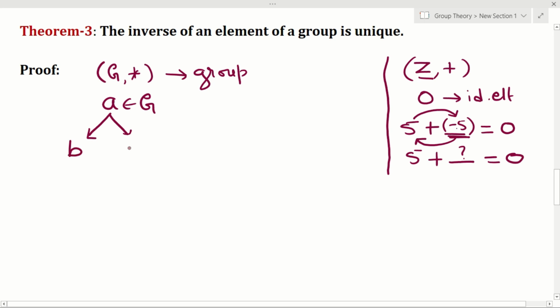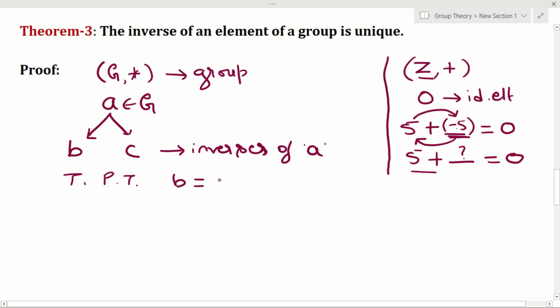So we shall take B and C. B and C are inverses of A. We are assuming inverses of A. And what is our aim? The inverse of an element is always unique, that is, we have only one inverse. Therefore, our aim is to prove that B is equal to C, that is, both B and C are equal.